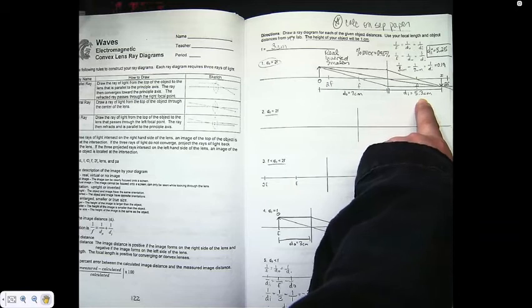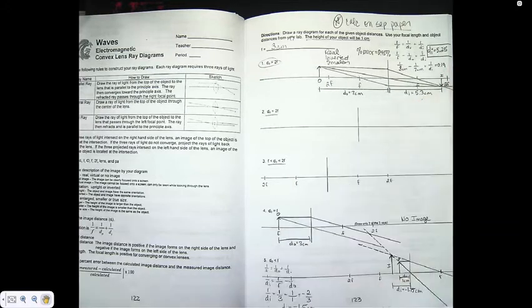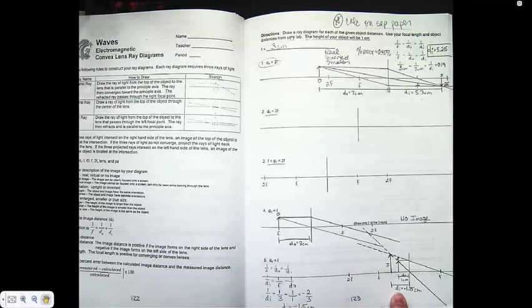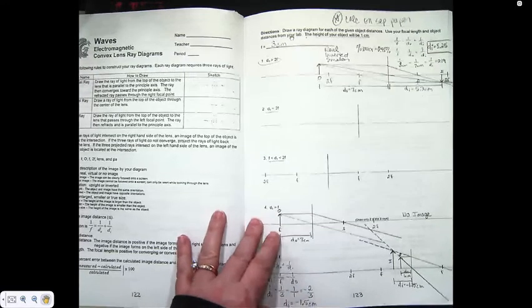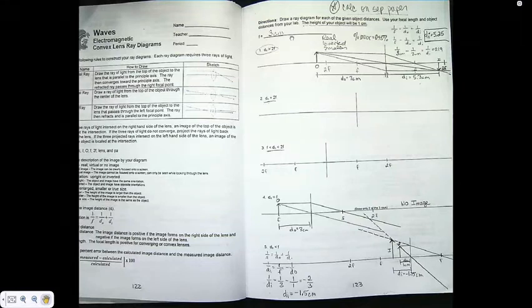Image distances are positive if they're on the opposite side of the lens from the object. Image distances on the same side of the lens as the object are considered negative, even though the object distance is still considered positive. So object distance is always positive. So there we have that.